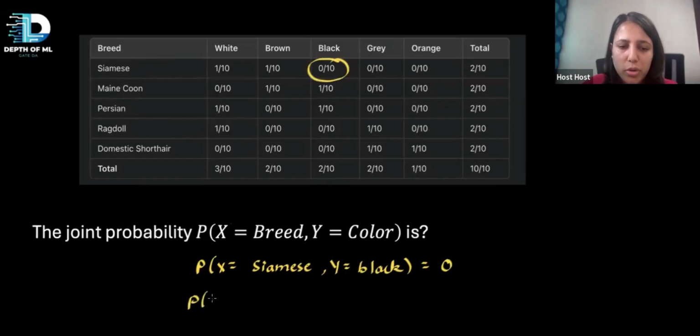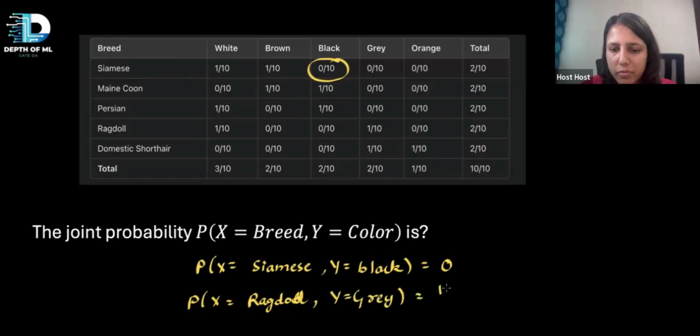Let me take some other breed, let's say ragdoll. What is the probability of having X equals ragdoll and color equals, say, gray? 1 by 10. And the other is 0 probability.